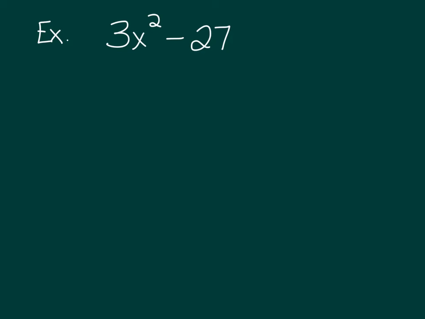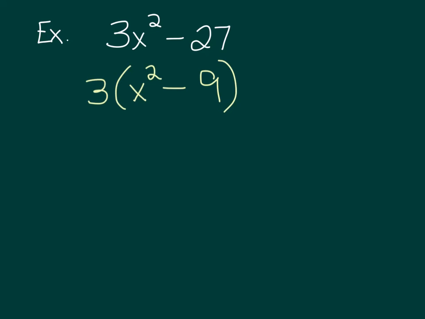I can instantly pull out a 3 from this, so I am dividing off a 3. When I divide off a 3, I'm left with an x squared and a 9, because 27 divided by 3 is 9. And we know this because if we did distribution, we would find out this would be 3 times x squared, which is 3x squared, 3 times 9, which is 27.